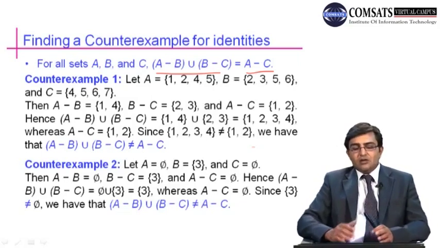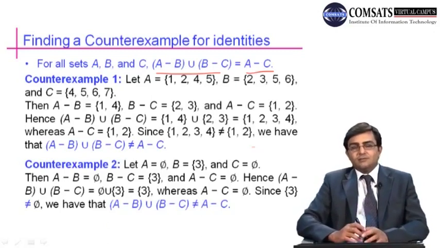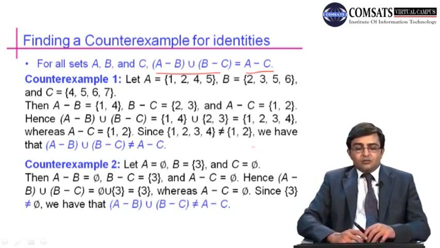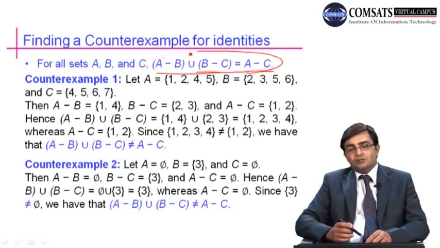Then what we do, we find a counterexample whether this identity is actually true for all these sets or not. So we are going to find a counterexample for this identity, that this identity is not true.